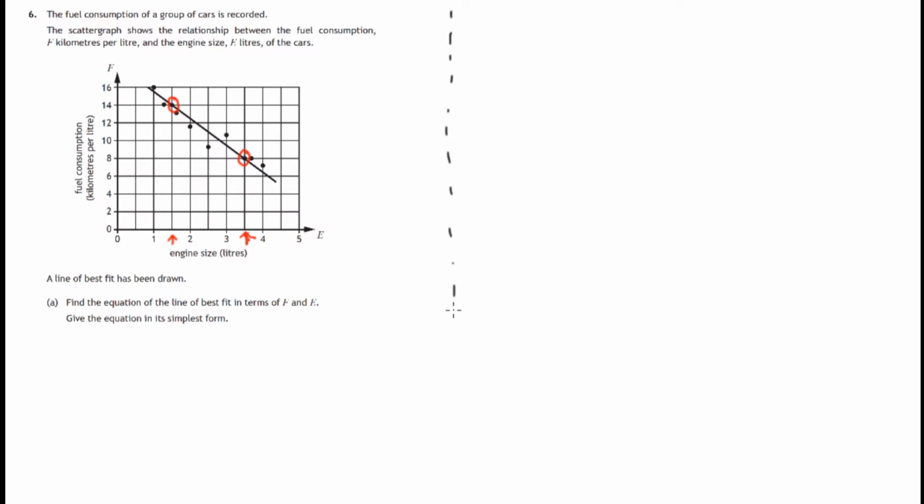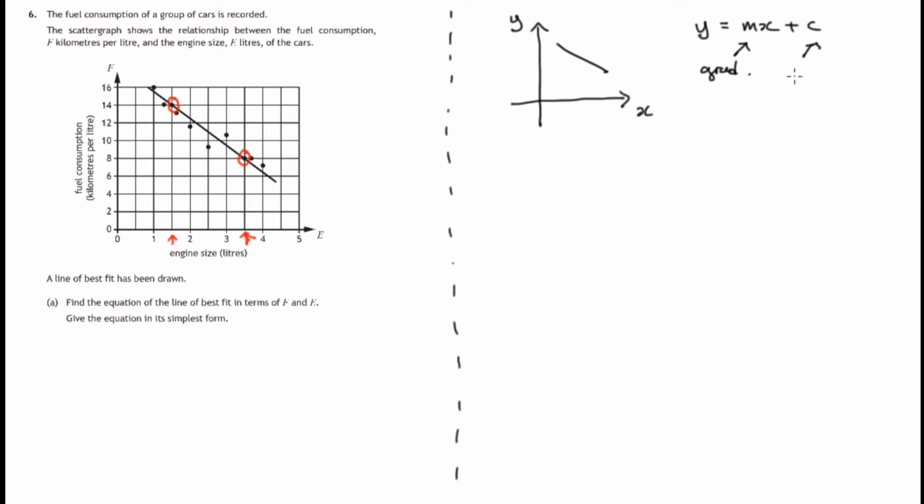So let's recall what we know about finding the equation of a straight line. Normally we have an x and y axis. We'll have a straight line. Two ways of going about this. We either say the equation is y equals mx plus c, where recall that m is the gradient of the line and c is the point where the line crosses the y-axis.